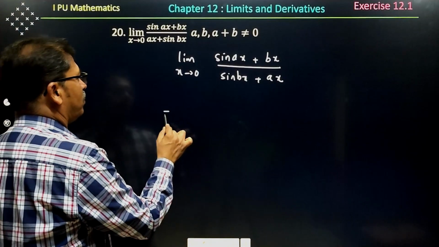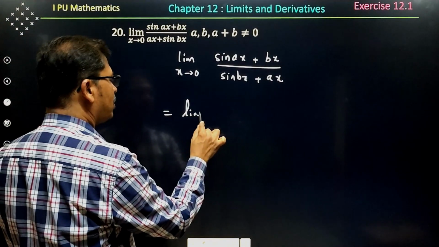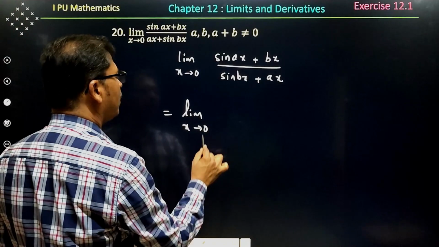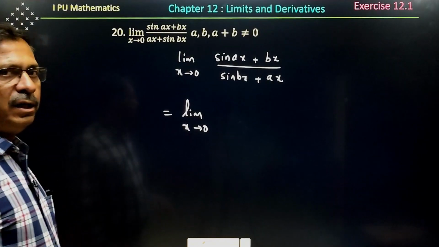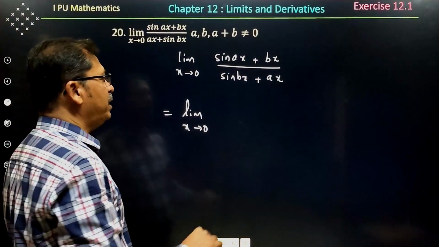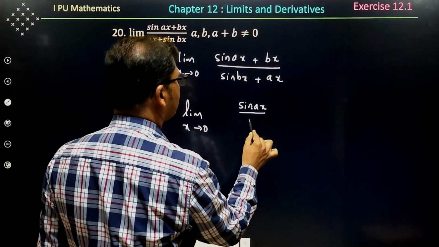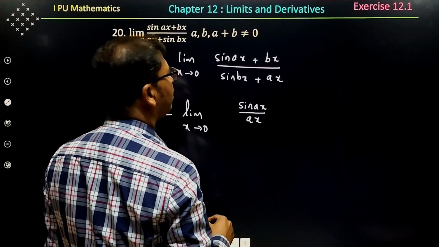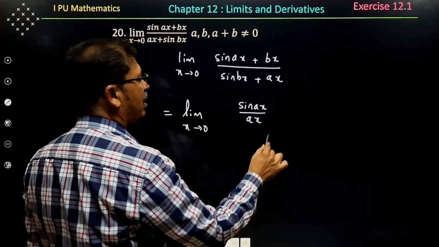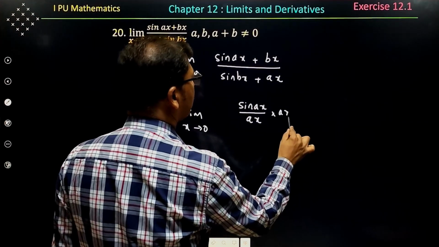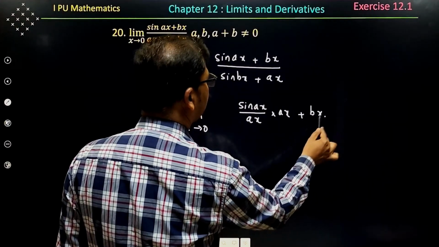Now just observe the steps. Limit x tends to 0. Sin ax, I would like to write it as sin ax divided by ax. What extra have I taken? Ax is taken extra, so multiply by ax. Plus bx is there, write bx in front.